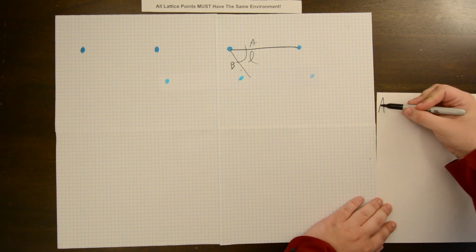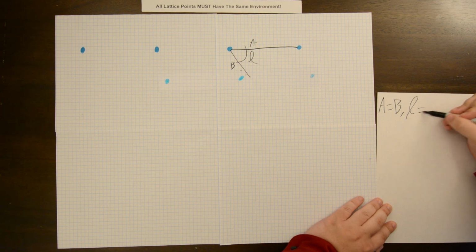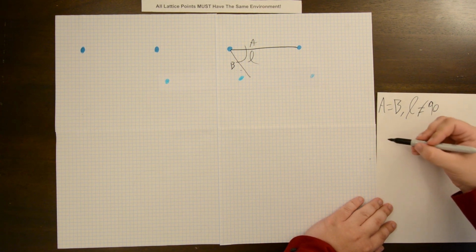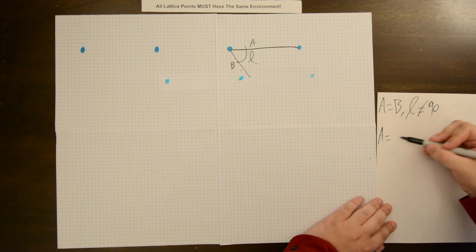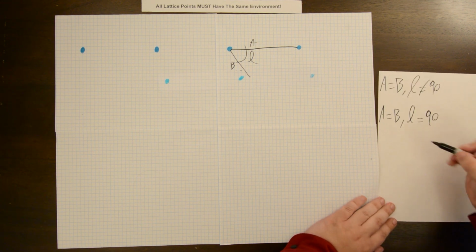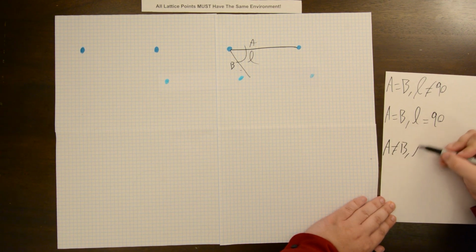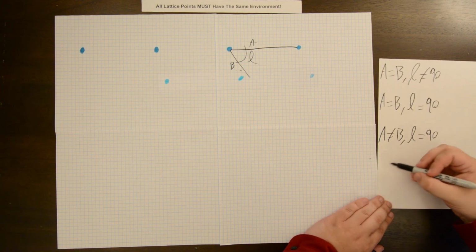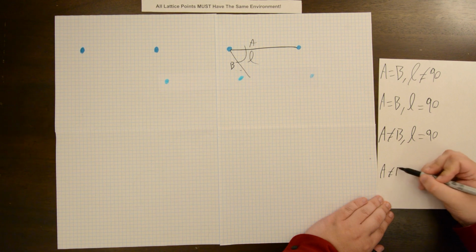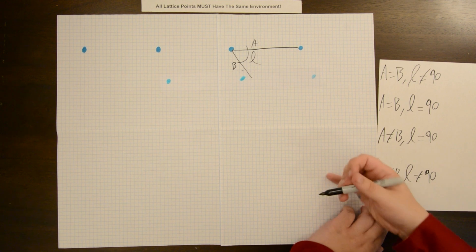We have A equals B, gamma does not equal 90, A equals B, gamma does equal 90, A does not equal B, gamma equals 90, and A does not equal B, gamma does not equal 90.